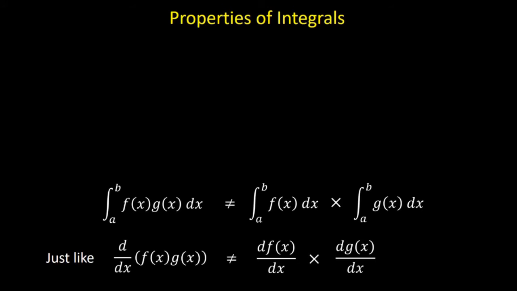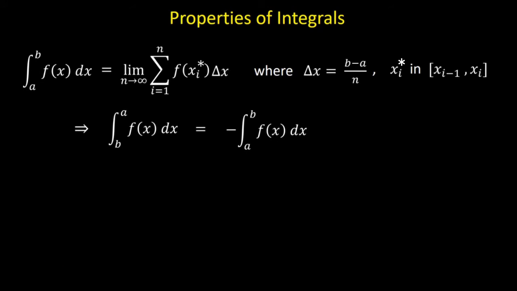If you reverse the limits of integration, that's what we call a and b, the limits of integration, that pulls a negative out of the integral. And the reason is, if you look at the delta x in the Riemann sum, the numerator is b minus a. Well, if you reverse the a and b, that gives you the negative of your delta x.